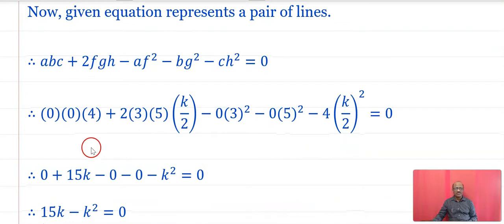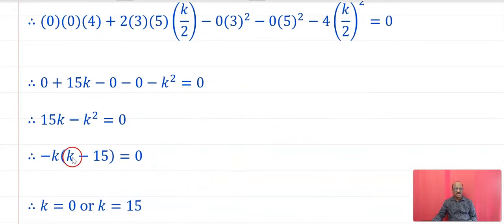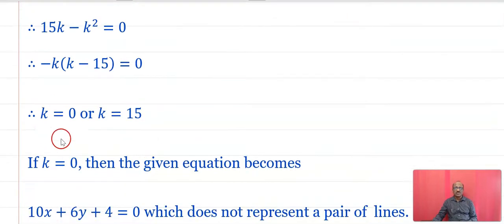And again if we simplify this, the first term will be 0. What about here? Here is 15k. Now k upon 2 bracket square means k square by 4. 4 get cancelled. That is minus k square. 15k minus k square. Again take minus k as common. Then in bracket k minus 15 is equals to 0. Therefore k is equals to 0 or k is equals to 15.